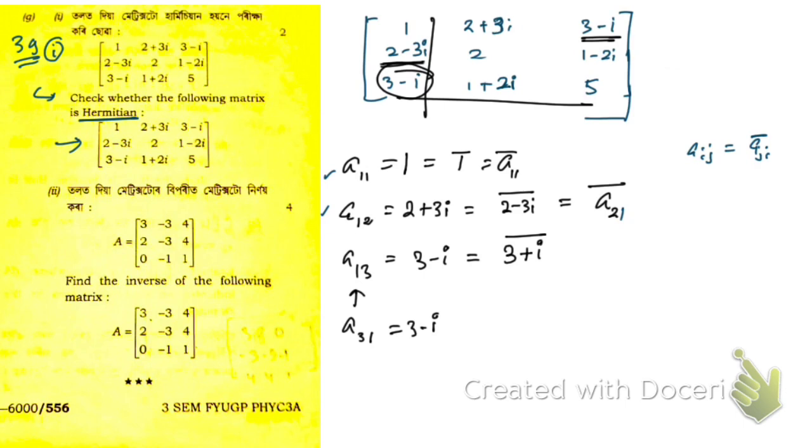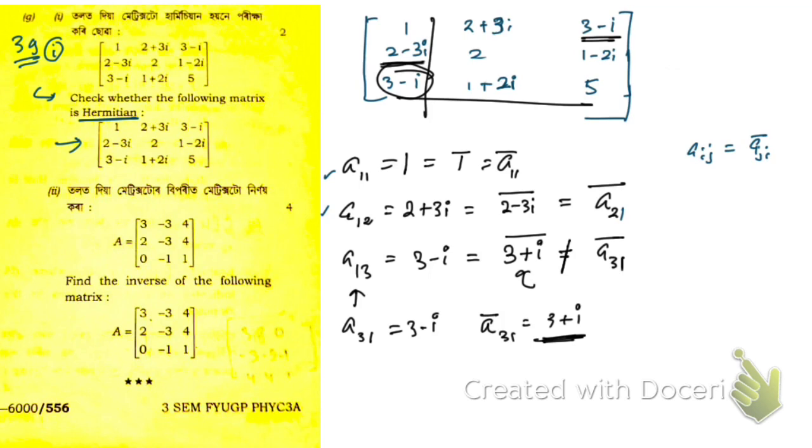Now consider the element a31, the third row, first column, which is also 3 minus i. If you take the complex conjugate of a31, you get 3 plus i, which is not equal to a13. So a13 is not equal to the conjugate of a31, because the conjugate of a31 is 3 plus i.